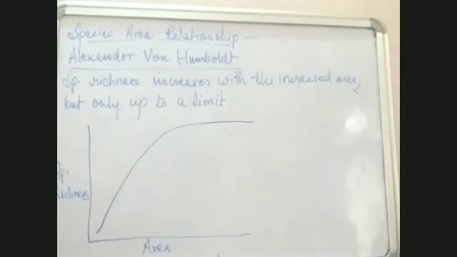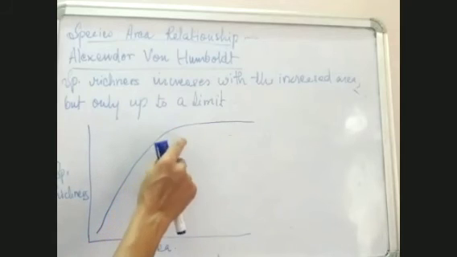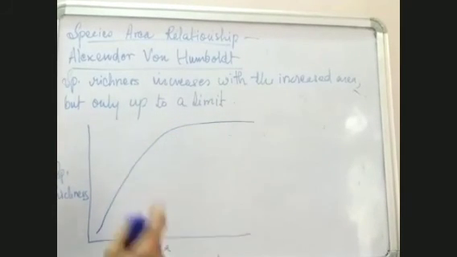See, when the area is explored, the species richness increases, but after a certain time it's constant, because how many new species will one find? There is a certain amount of species which is there in a particular area.